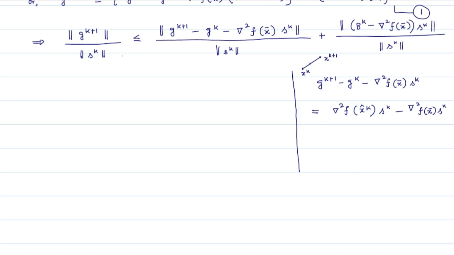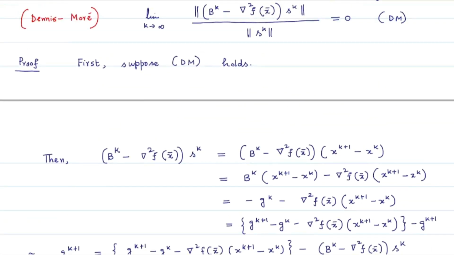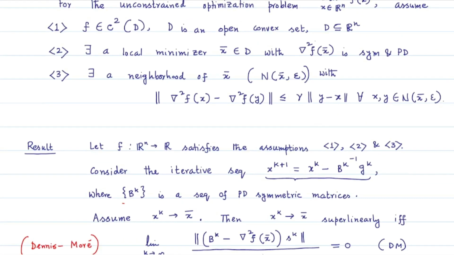And therefore, the norm of this quantity is less than or equal to the following, as the Hessian is assumed to be Lipschitzian with the constant gamma inside a neighborhood of the point x bar.